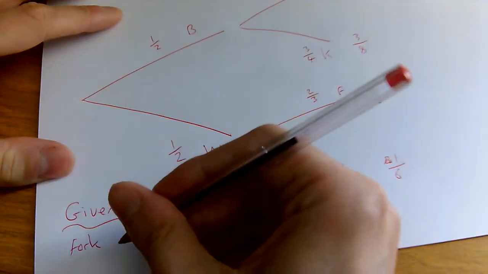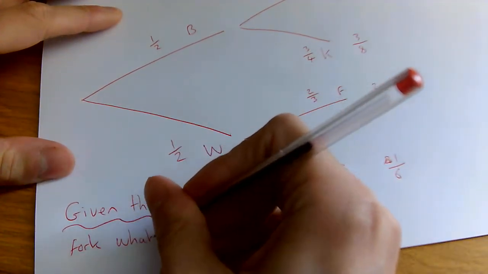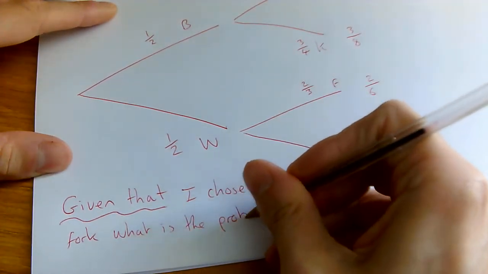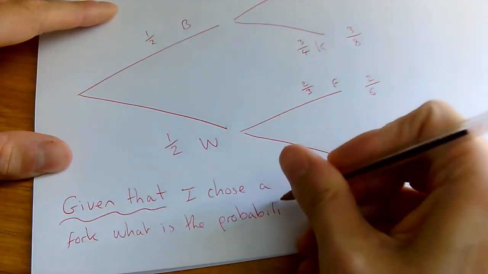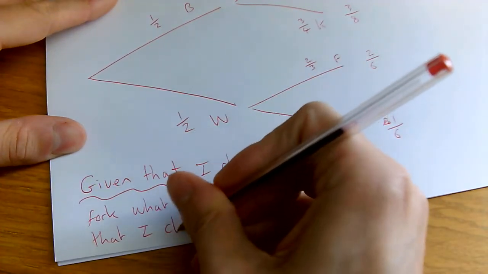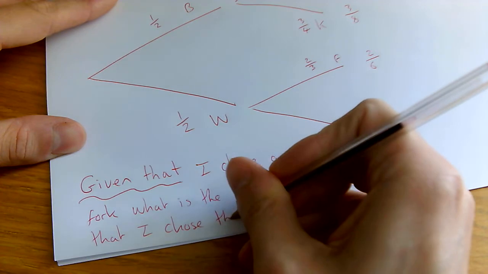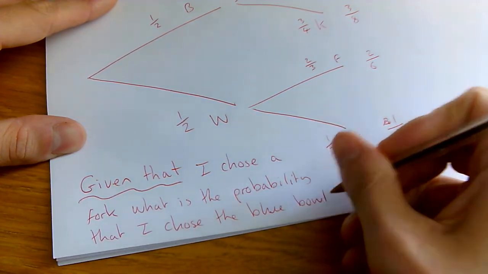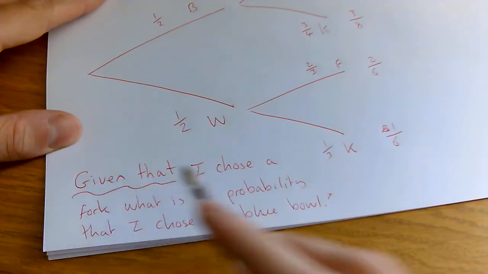Given that I chose a fork, what I'm actually asking is, what is the probability that I chose the blue bowl? But the thing I want to highlight here is this given that phrase.